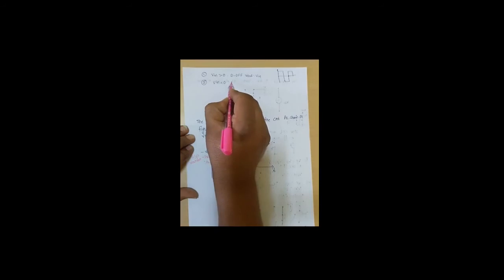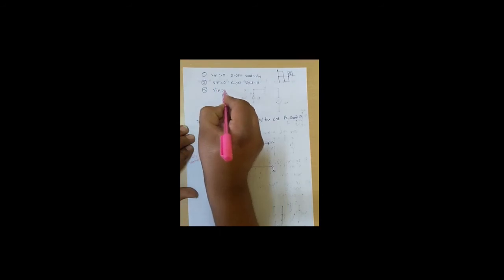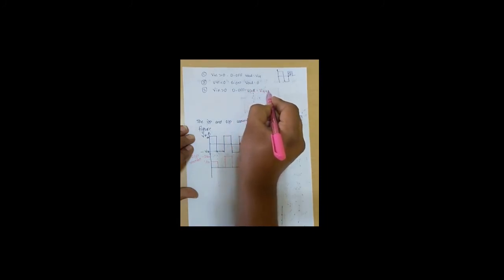At that time the diode is on and the output voltage equals 0. During the next positive half cycle of the input signal, after completion of this cycle, the input voltage is greater than 0, at that time also the diode is off, and the output voltage equals Vm plus Vin.